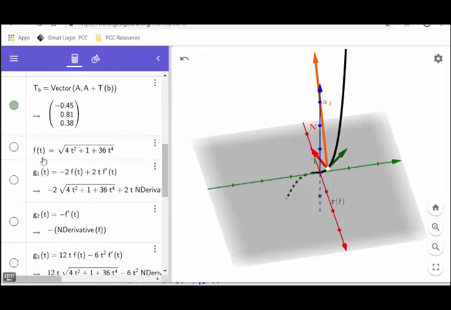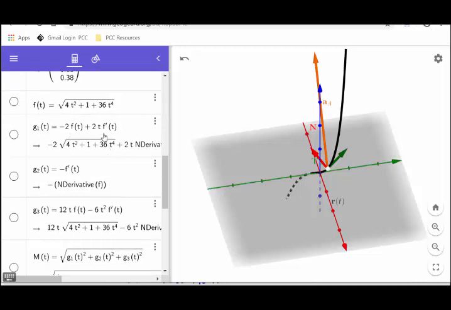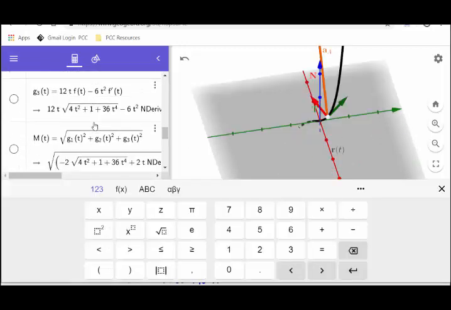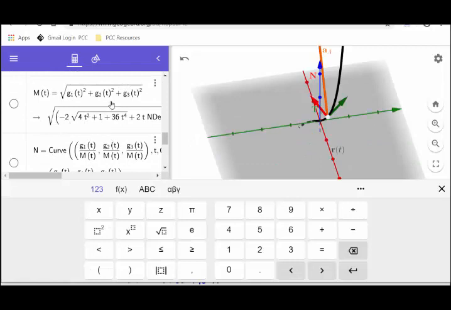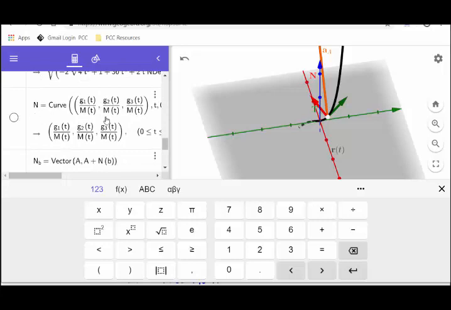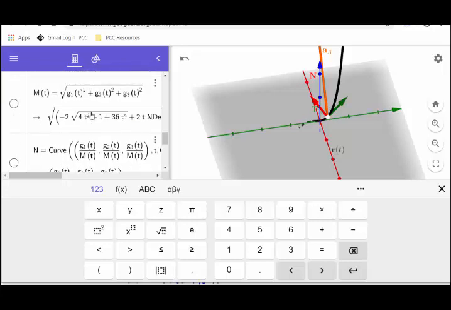And then I've worked out that f of t is actually the magnitude of r prime of t. Then I was having a hard time getting GeoGebra to get our normal vector by taking the derivative of the tangent function divided by the magnitude of the tangent function.